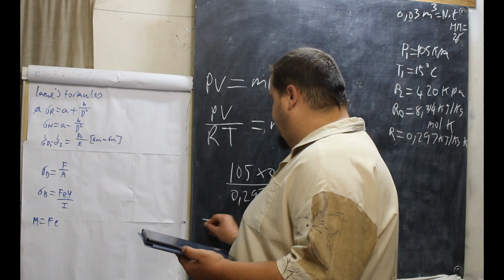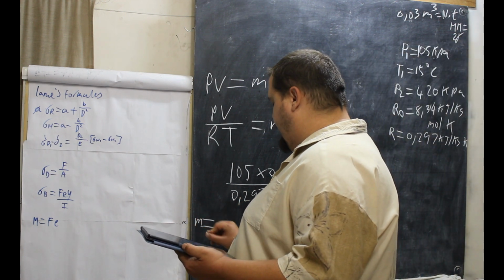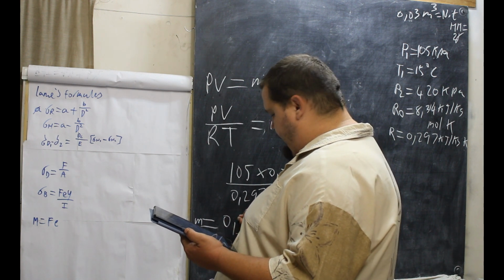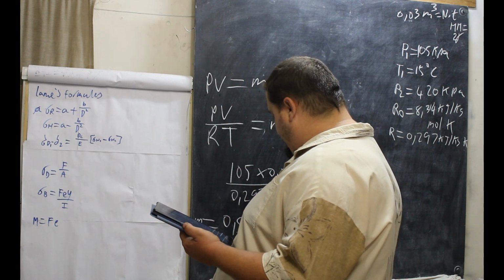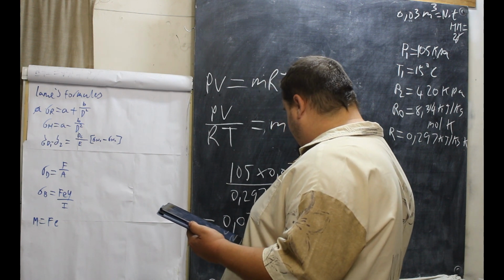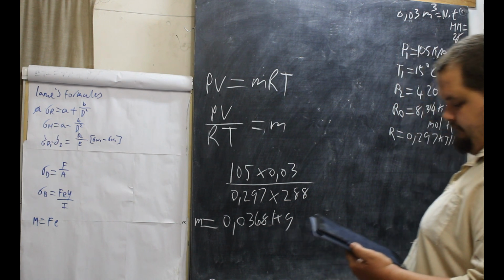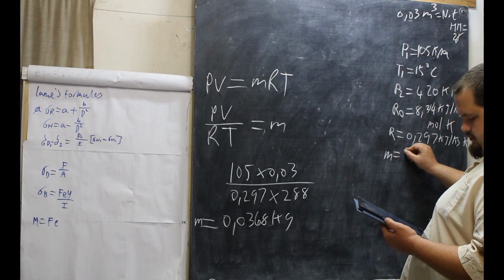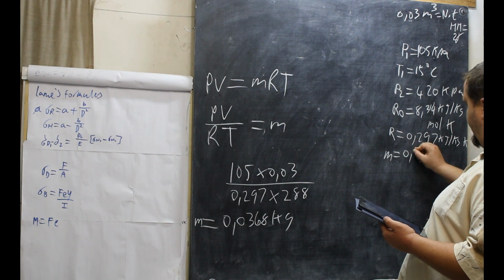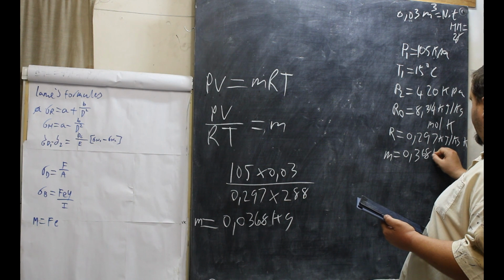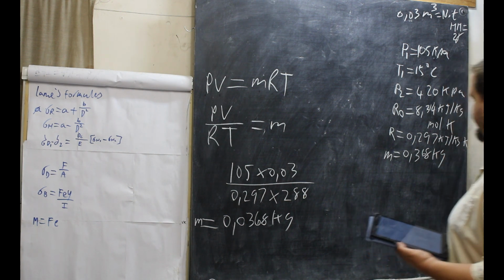So we convert that to Kelvin and we get small m. Small m is equal to 0,0368 kgs.